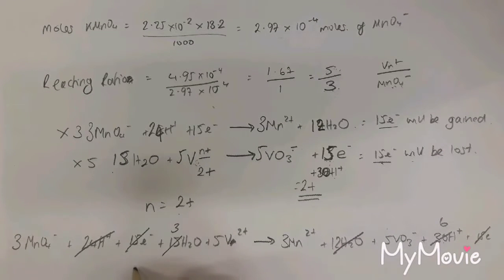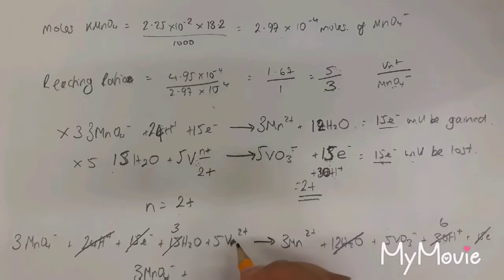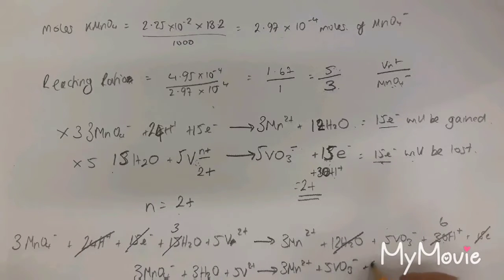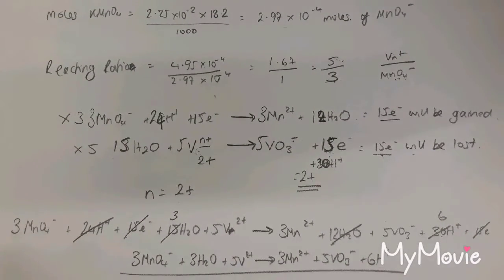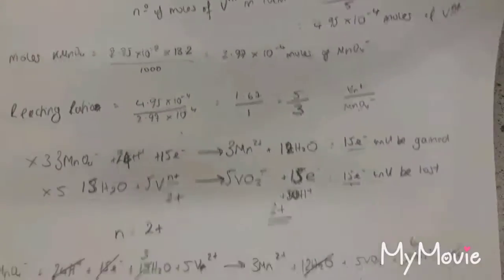So rewriting the equation, 3 MnO4 minus plus 3 H2O plus 5 V2 plus will produce 3 Mn2 plus 5 VO3 minus plus 6 H plus, and there's your equation. Okay, and there we go.